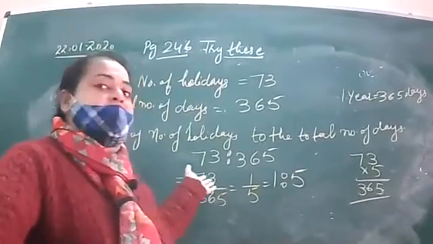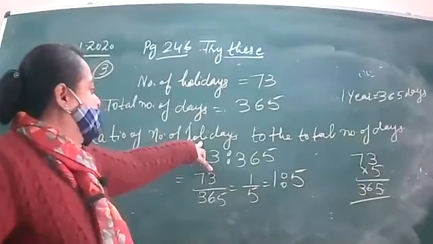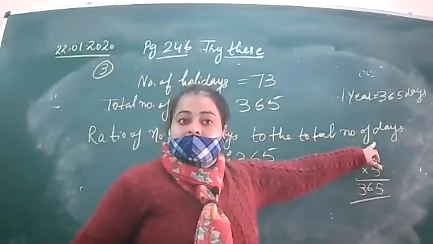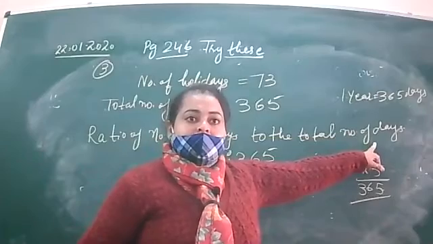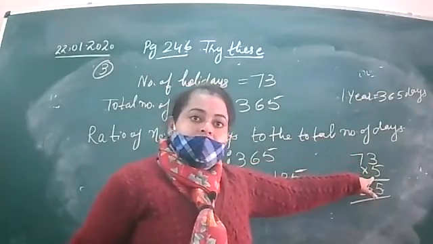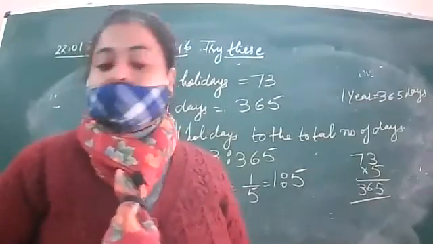If you want to write 73 days, then you can. मैंने इधर ही days लिख दिया, number of holidays to the number of days. क्योंकि डे कोई यूनिट नहीं है ना, तो उधर फिर लिखने की जरूरत नहीं है, मीटर सेंटीमीटर की तरह.